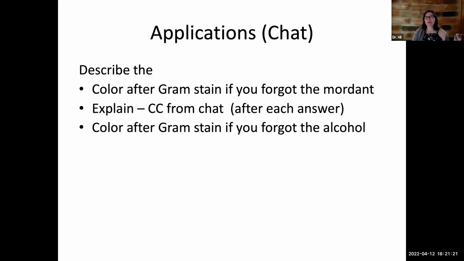Great. So in this case, the most likely outcome is purple cells. Regardless of the actual gram status, it's most likely going to be purple.